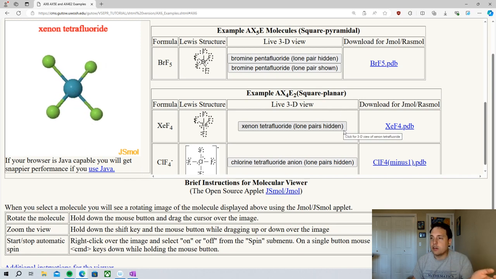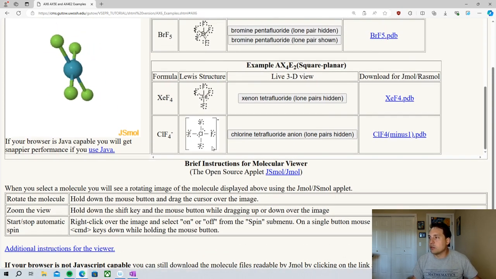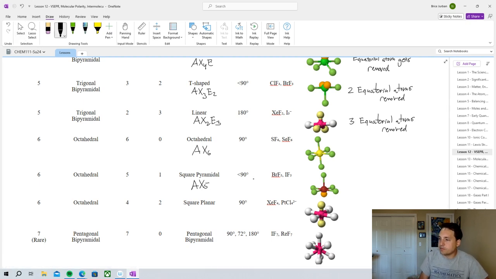I looked into it. There are no other geometries that physically exist. If we were to remove more atoms and replace them with another lone pair, I can conceive of an AX3E3 and an AX2E4 geometry. However, there have been no molecules observed with those geometries, which I think is very interesting. So we'll stop there with square planar.